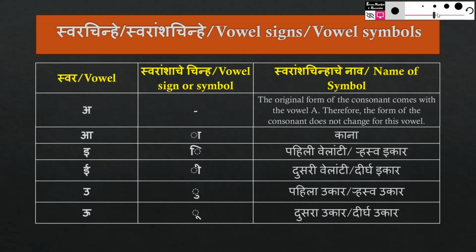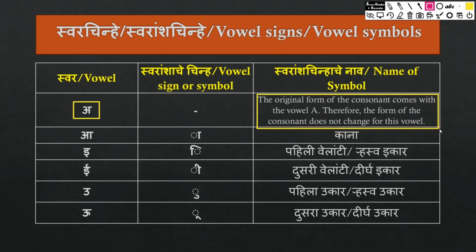So let's start. The first one is A. As we all know, the original form of consonants comes with the vowel A. Therefore, the form of the consonant does not change for this vowel. I have already written this definition in the third column.